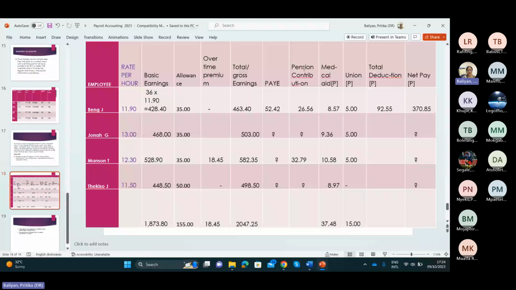As I said earlier, if an employee is depositing some money to the pension scheme, pension is the amount paid when somebody retires from the job.